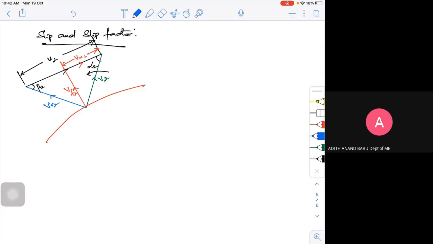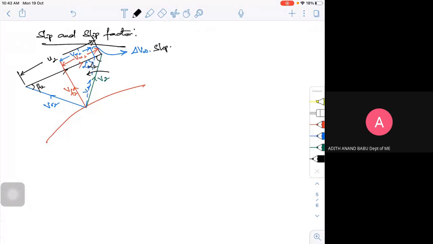Suppose this is my V2, and what will happen to your VW2? This will become smaller, and alpha 2 becomes bigger. So you have a new alpha 2 dash, your VW2 dash. This factor, delta VW, we call slip.